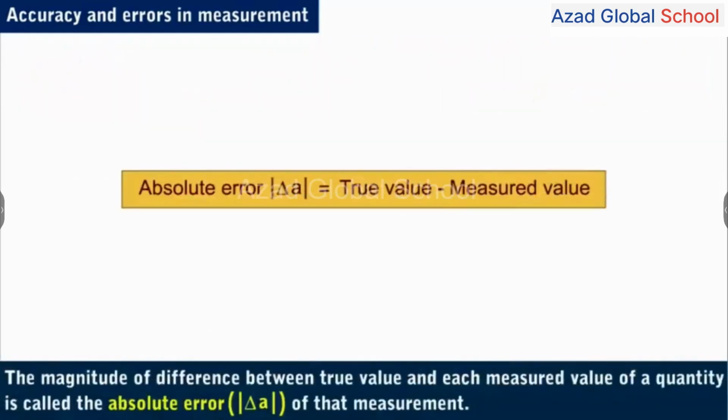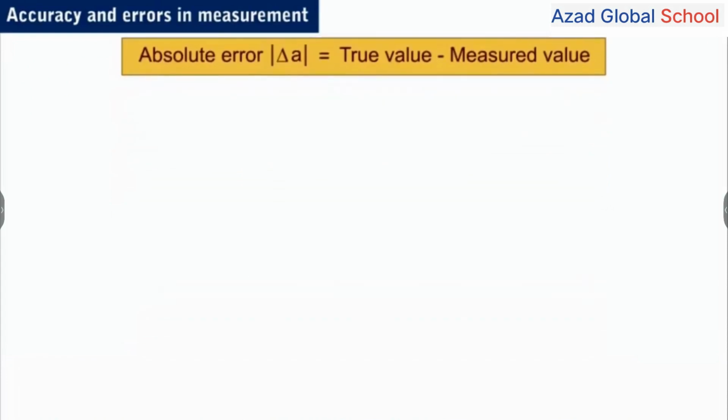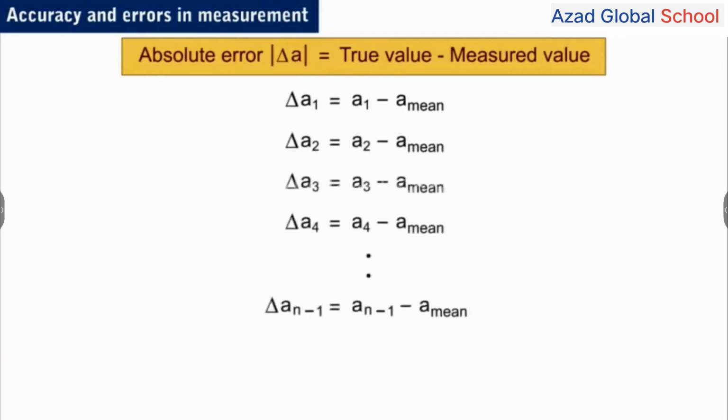The magnitude of difference between true value and each measured value of a quantity is called the absolute error of that measurement. It is denoted by mod delta A. Since the arithmetic mean is considered the true value, delta A1 is equal to A1 minus A mean, delta A2 is equal to A2 minus A mean, and so on till delta An is equal to An minus A mean.